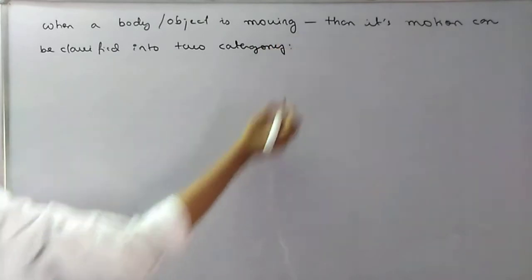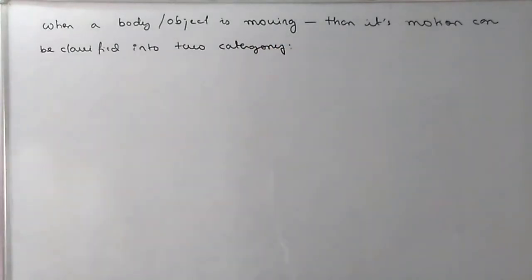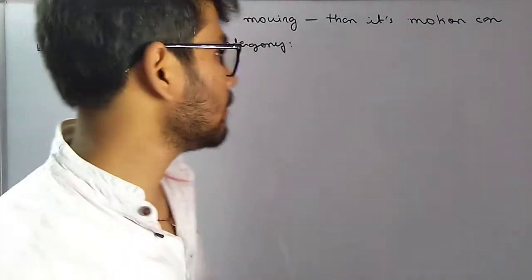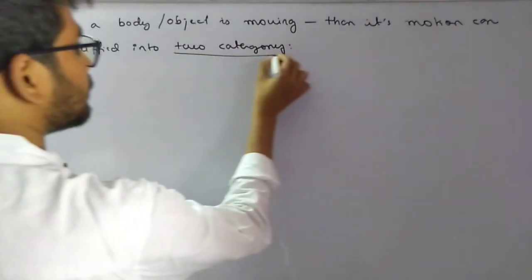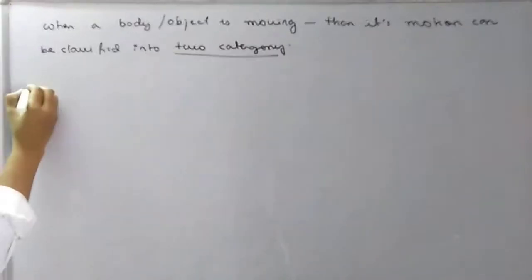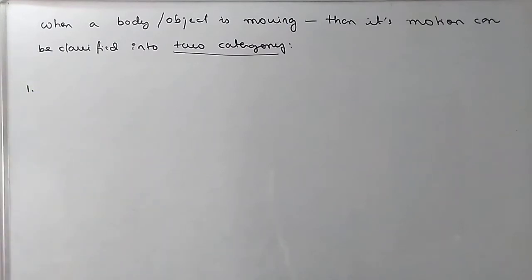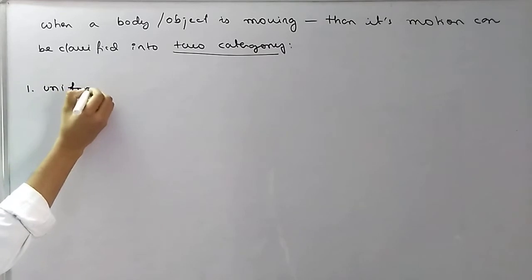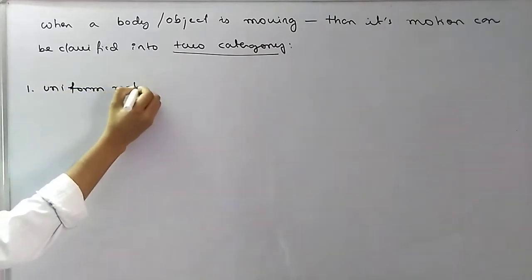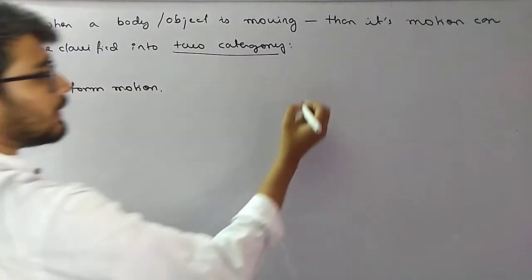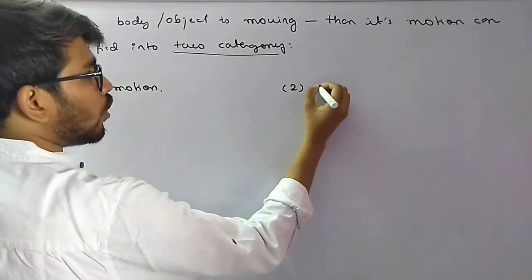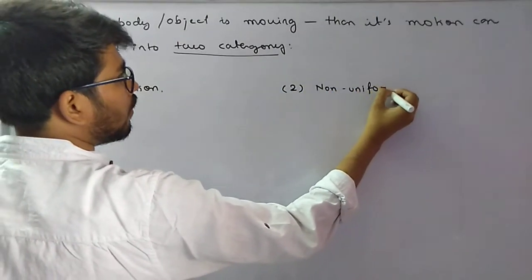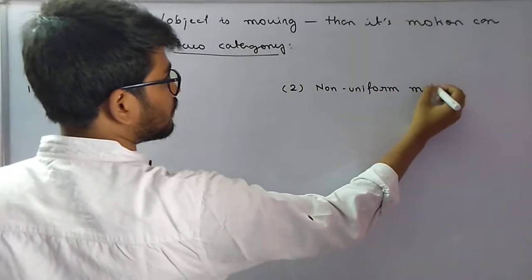Actually, we can classify into many other categories also, but at this level we'll be just interested in two categories. First is said to be uniform motion, and the second category is said to be non-uniform motion.